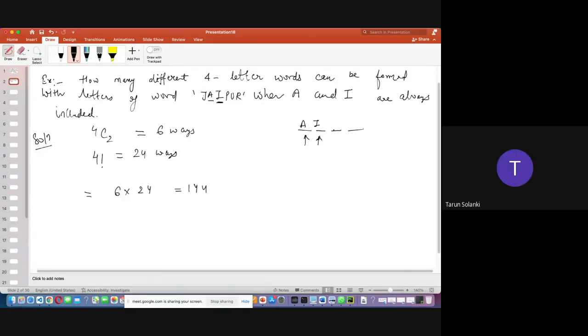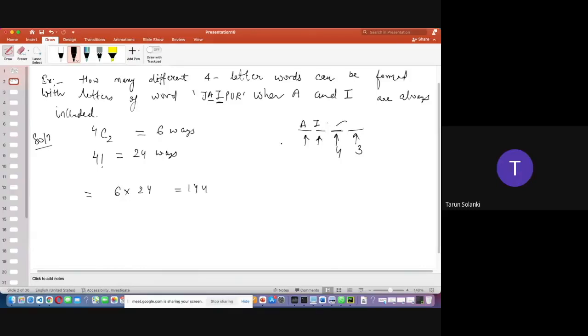So the filling for this is 4 and then 3, if repetition is not there. So that will be 12. Then again you need to multiply with the whole, because you can make different arrangements, so it will be 144 again.